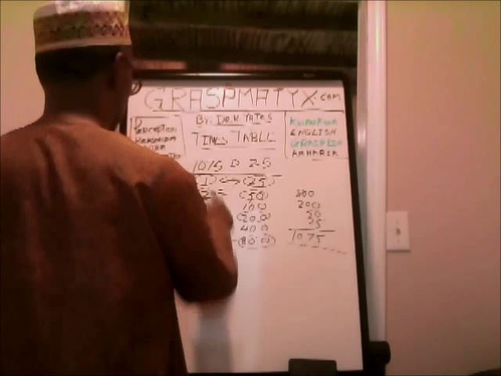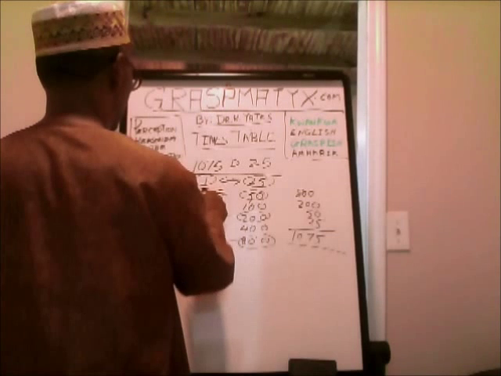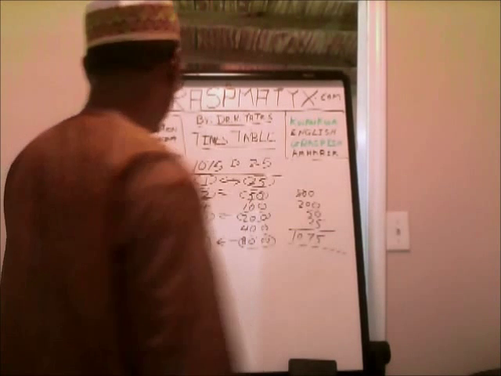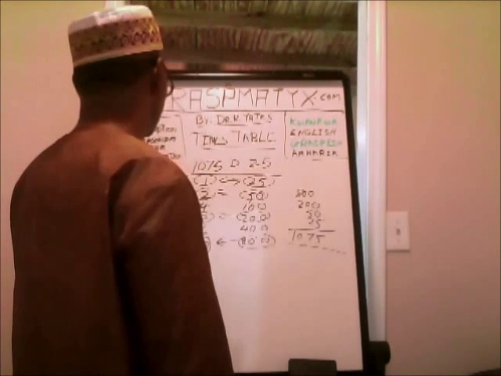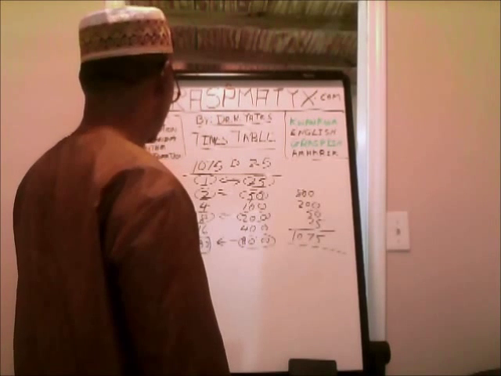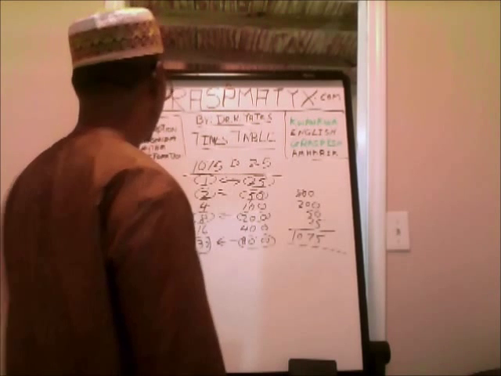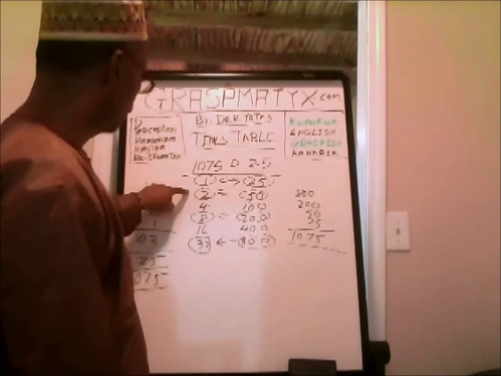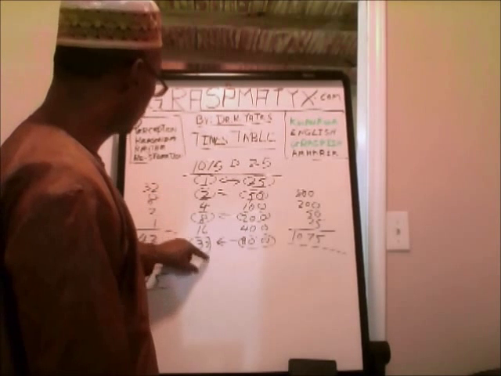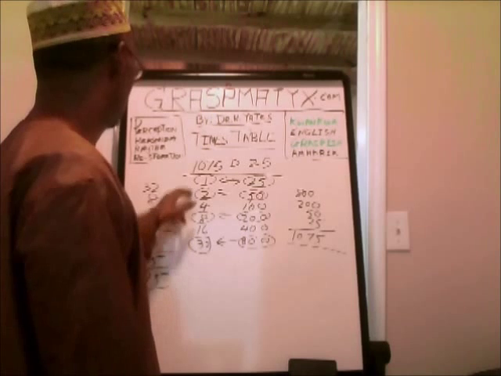And 3, 7, 3, 8, 3, 9. Let me see. 8 and 2, 10. 30. 10 and 30 is 40, and 2 more is 42 and 1 is 43, right? 8 plus 2 is 1, 0, right? 1, 0 plus 3, 2 is 4, 2, plus 1 is 4, 3. See, when I add this all up, I get 4, 3.